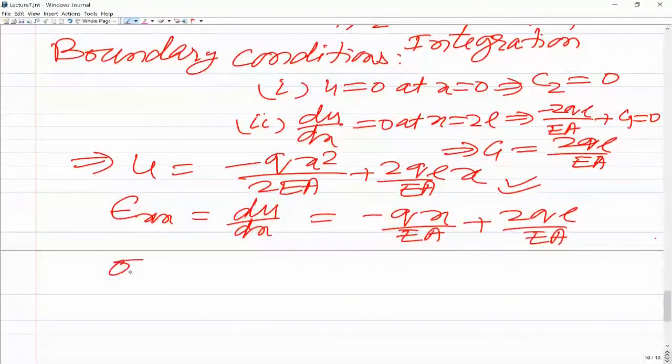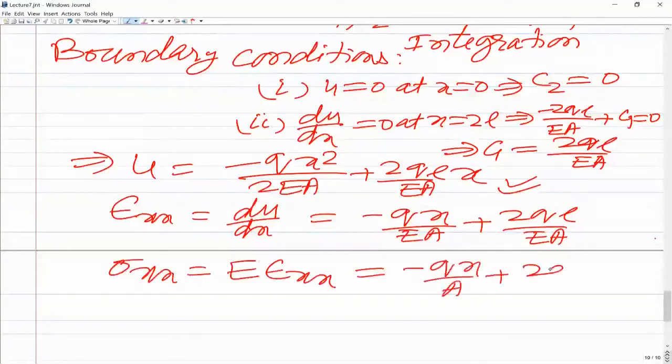And if you look at the stress, sigma xx is E into epsilon xx, so this is going to be minus Qx upon A plus 2Ql upon A. So this is the stress. Now we want to compare. We have got everything from the analytical solution: the displacement u, the strain epsilon xx, and the stress sigma xx. These are there as functions of small x, which is the global x coordinate.